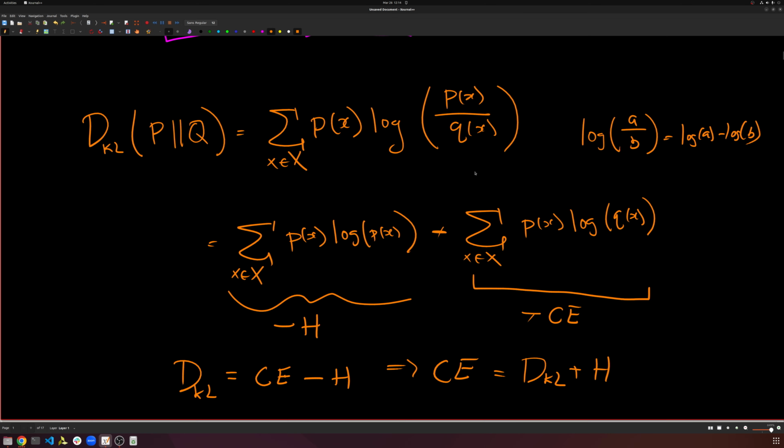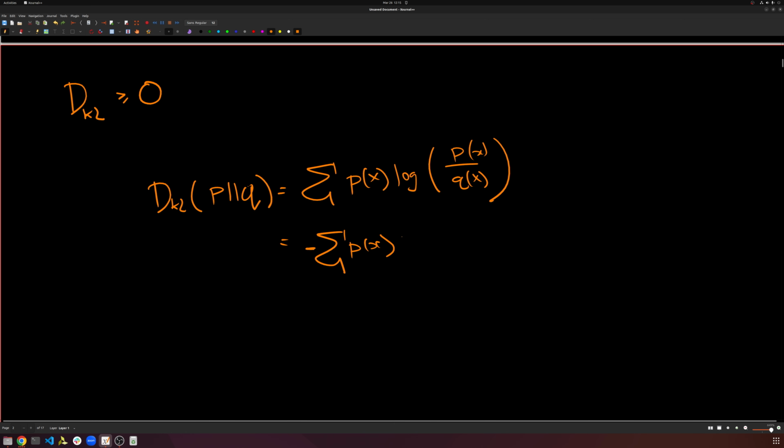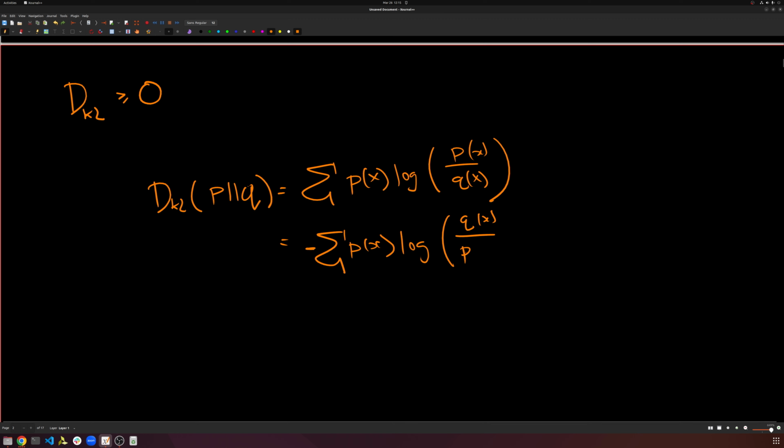Let's just take one step and flip these two. We just have to take a negative out, basically. If we add a negative to this, then we can flip these two, and it's the same thing. So we can say this is the same as the negative sum P log Q over P.